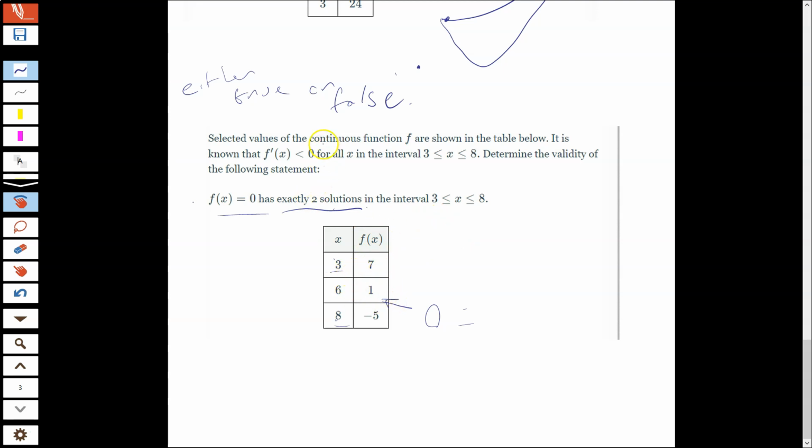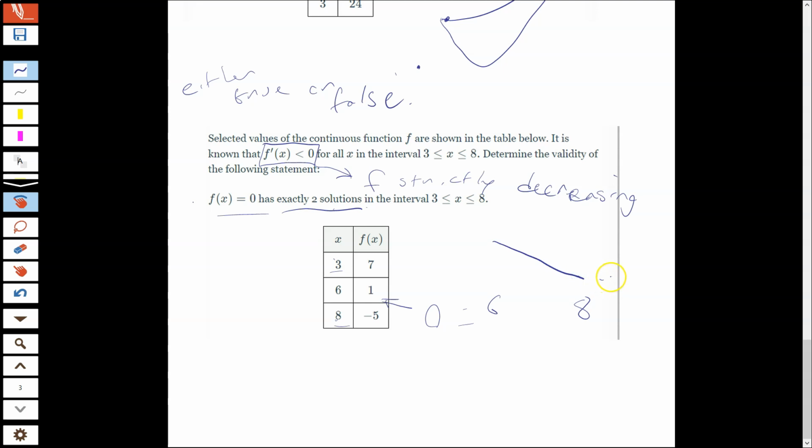So here's where we go back to the text, and here's where the derivative matters. This derivative, if you remember from our 1.3 lessons, means that f is strictly decreasing. So the derivative is everywhere negative. Again, this is hard logic. F is strictly decreasing. Okay, that means from 6 to 8, my function goes only downhill.